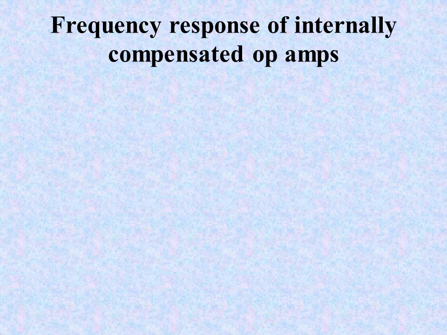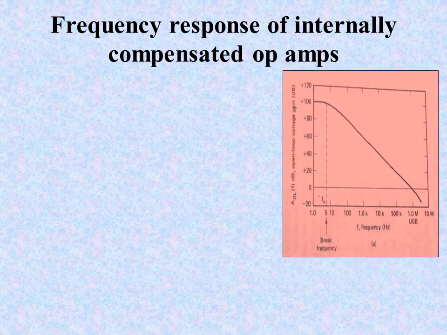So by graphical representation, we will discuss how, as the frequency changes, the gain of the operational amplifier changes, and up to what extent it remains constant and then starts increasing or decreasing. So this is the graph between gain and frequency, the gain versus frequency graph of the 741 operational amplifier.